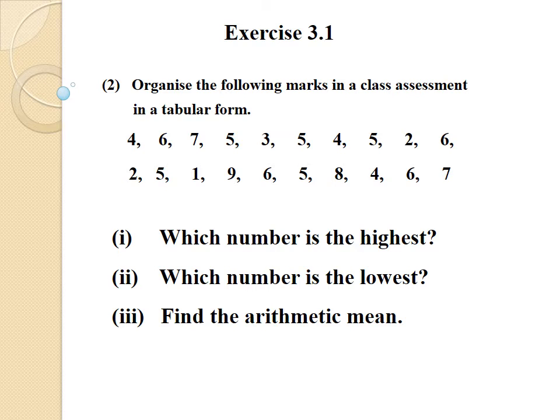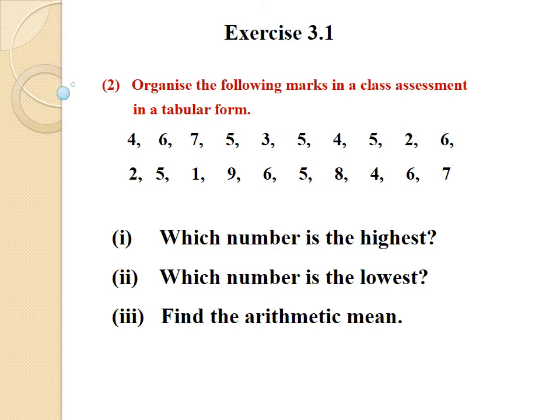Exercise 3.1. Question number 2. Organize the following marks in a tabular form. Students, in this question, we have to organize the given marks in a table, for which we have to draw 3 columns.